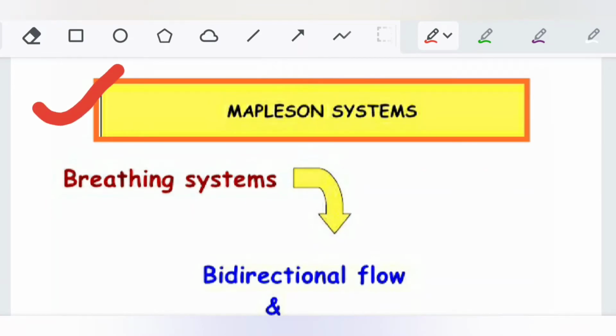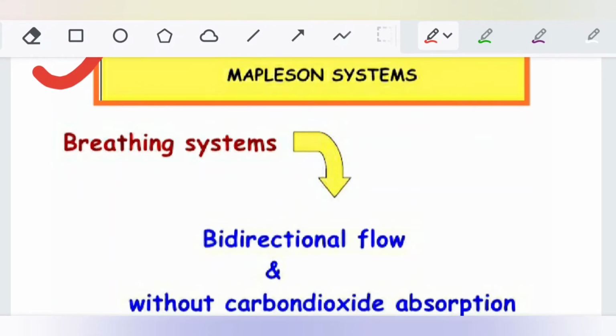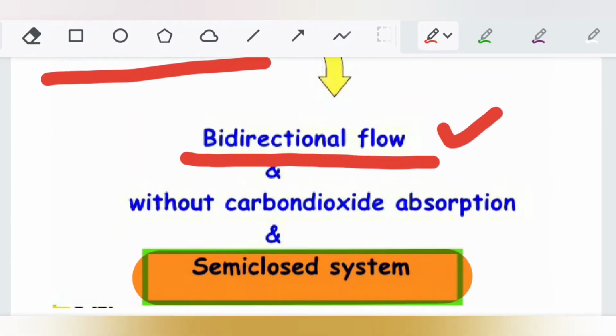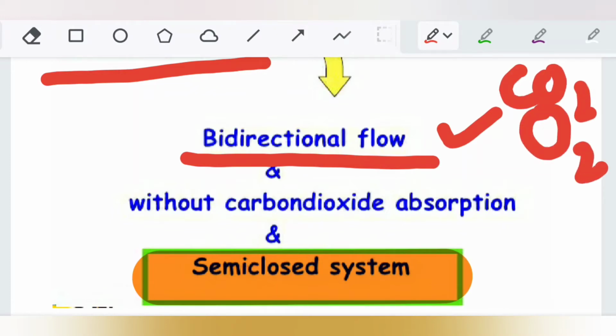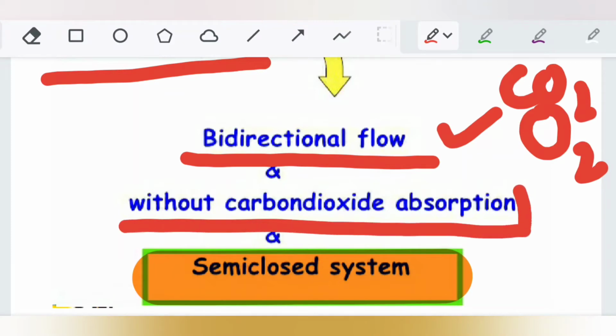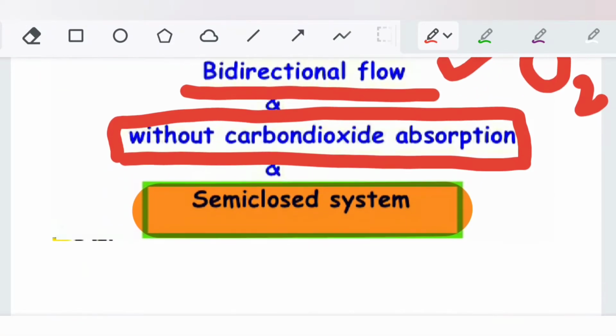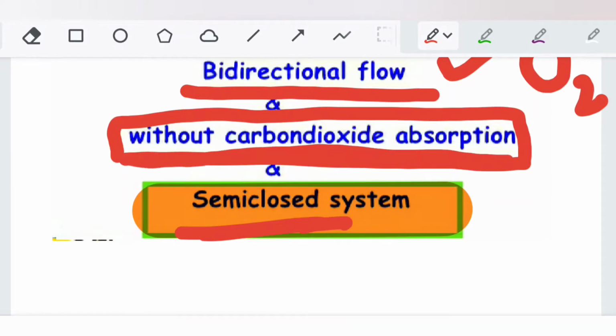So the Mapelson circuits are semi-closed circuits. These breathing systems have bidirectional flow of oxygen and exhaled CO2, and there is no carbon dioxide absorption system, because this is a semi-closed system, so we do not need any carbon dioxide absorption material.